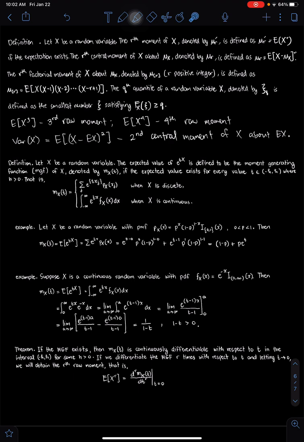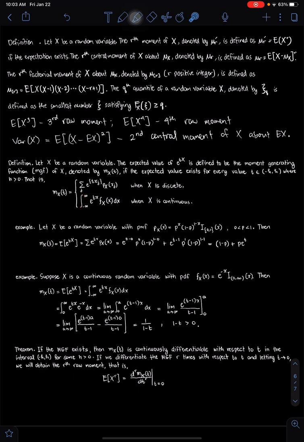Okay, so if X is discrete, then we can write the moment generating function, since it is just an expectation, as the sum of e to the t times x sub j times the probability that X takes on the value x sub j for all j. And when X is continuous, the moment generating function may be derived by integration.